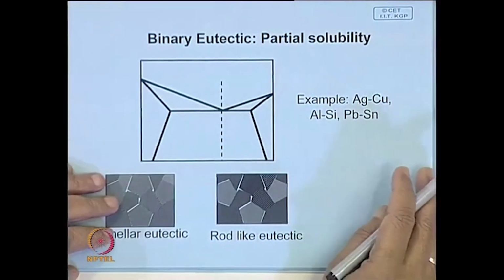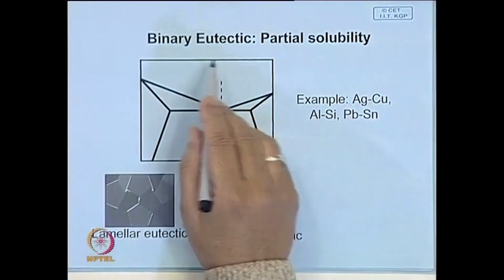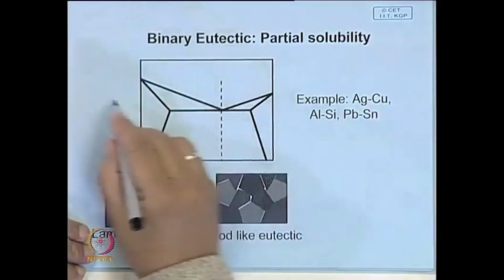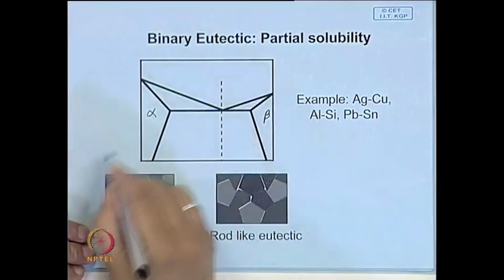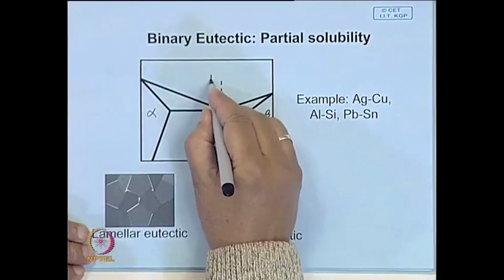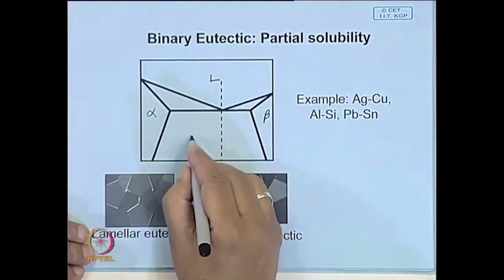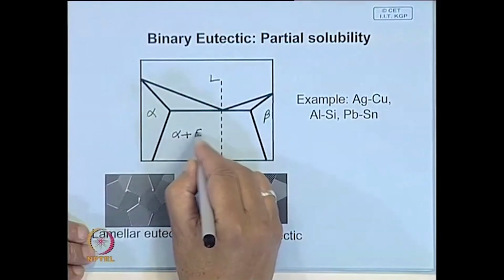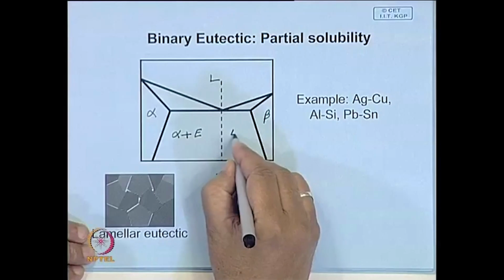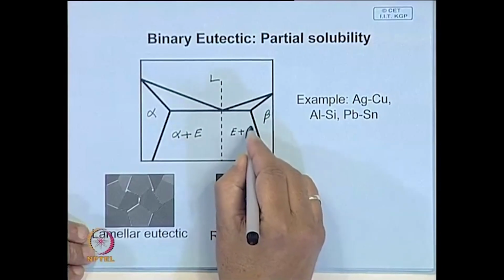Now, binary eutectic. We looked at eutectics, and in this particular case we have two phases, alpha and beta, which are terminal solid solutions, and this is liquid. Here you have alpha plus eutectic, here you have eutectic plus beta.